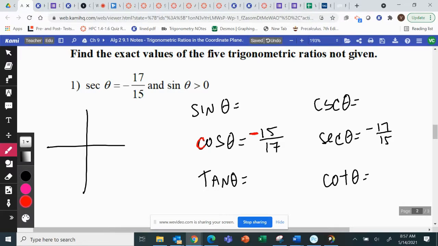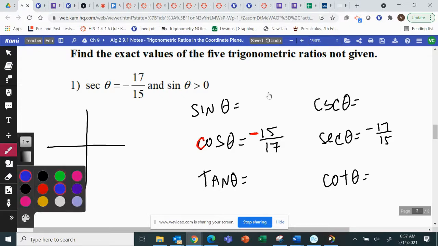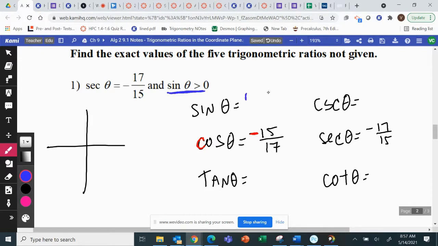And then I'm also reading up here where it says sine is greater than 0, meaning sine is positive. So we're trying to find which quadrant has sine values positive, but cosine's negative.